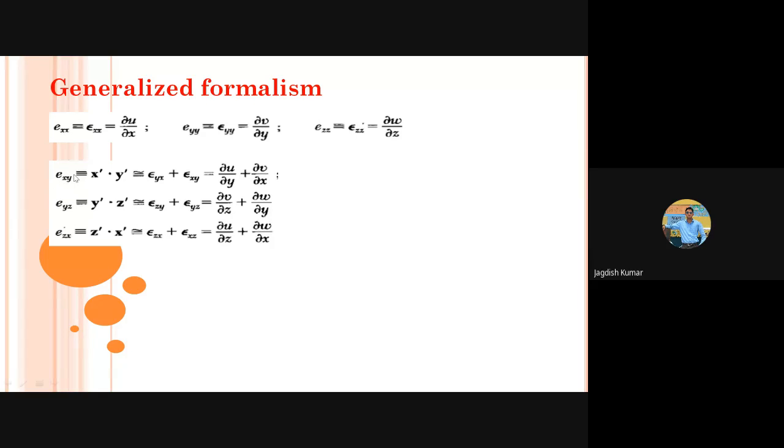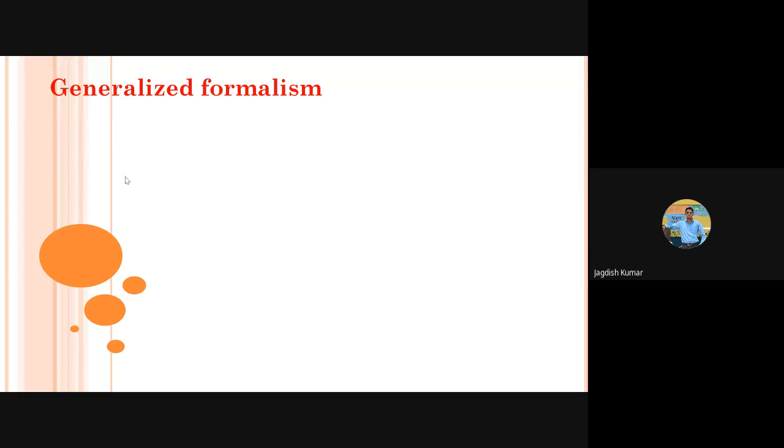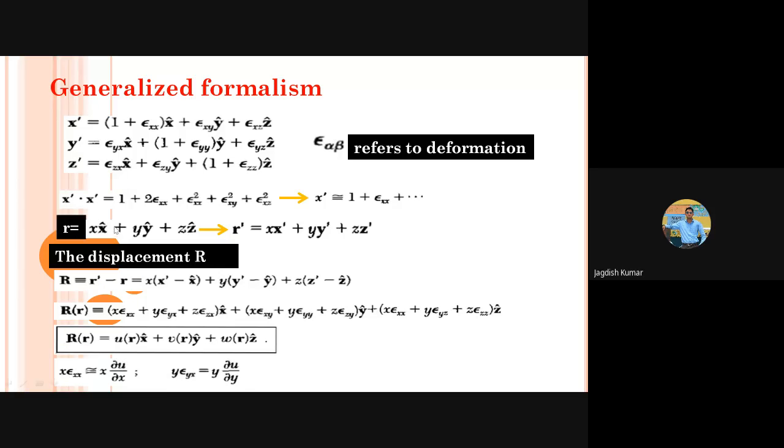So exy, how can we obtain exy? We can take the dot product of x dash with y dash. I hope you remember the expressions for x dash and y dash. If not, let me take you to the previous slide to quickly have a look at that. This is your x dash, this is your y dash.